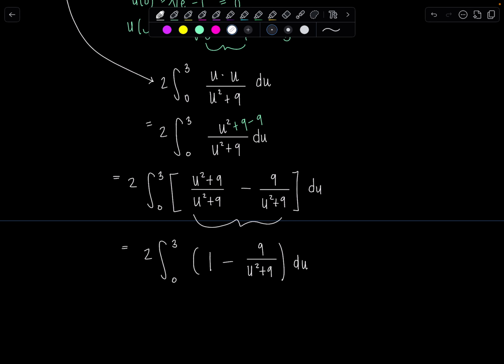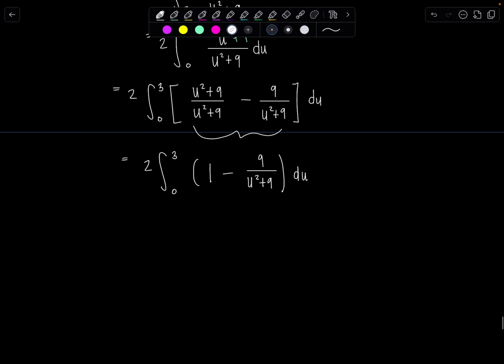Okay, from here we should be ready to just take the antiderivative. Sure thing. So 2 times the antiderivative of 1 is going to be u minus, now don't fret, this 9, let's just pull it out. And then what would be the integral of 1 over u squared plus 9? So hopefully you remember when you have 1 over x squared plus a squared dx, that antiderivative is 1 over a tan inverse of x over a plus c.